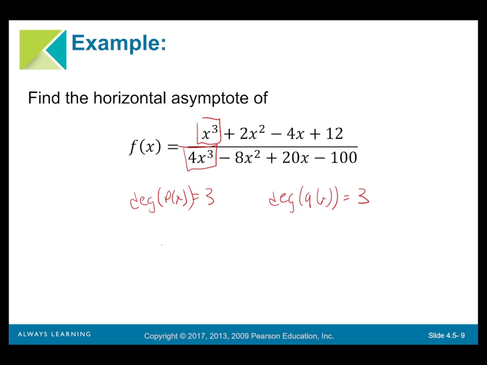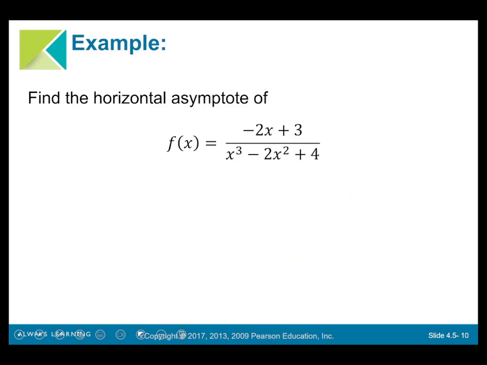And so our horizontal asymptote is y equals 1 over 4. Notice the coefficient on top is 1, the coefficient on the bottom is 4. So our horizontal asymptote is just y equals 1 over 4. And that's it.